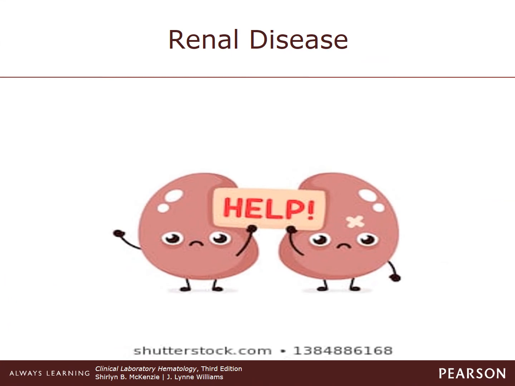So let's talk about other hypoproliferative disorders. First, let's talk about renal disease, which is a common cause of anemia that decreases hemoglobin and red cells. The pathophysiology, again: kidneys produce EPO, and it is decreased in kidney disease. You have a decreased red cell survival. You can have blood loss from the GI tract or from priming of dialysis, and dialysis patients are usually folate deficient, causing this type of anemia.